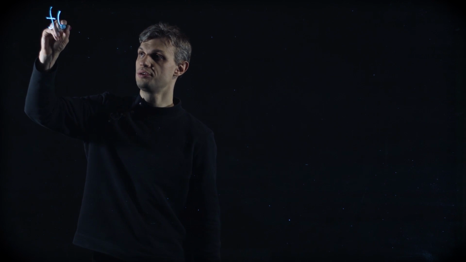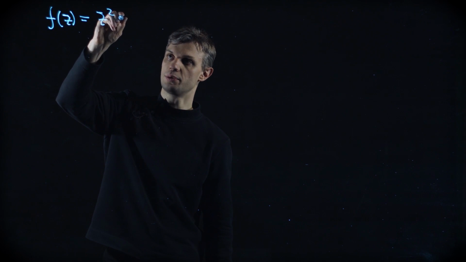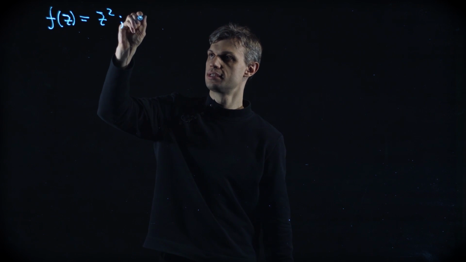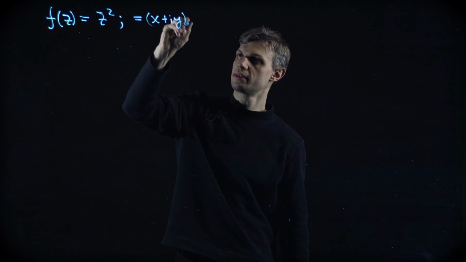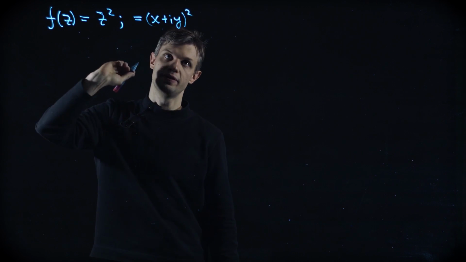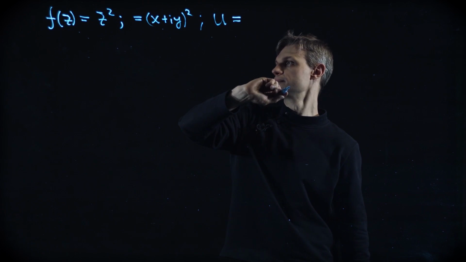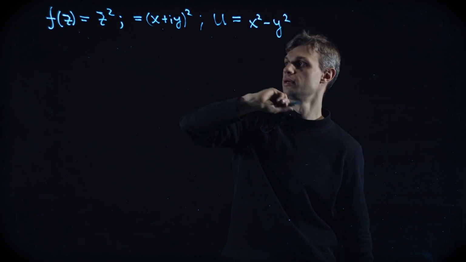Good. So to illustrate this idea, let's consider some really simple example. For example, the quadratic function f of z is equal to z squared, which is x plus iy squared. So the u function is x squared minus y squared.